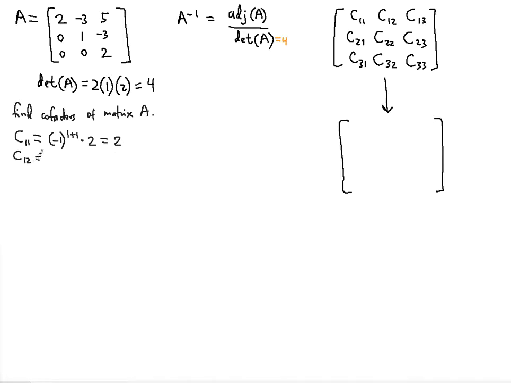The second one, C1,2: -1 to the power of 1 plus 2 is -1 to the 3, so that's going to be negative. We're excluding row 1 and column 2, so it's going to be these entries, 0, 2, 0, -3.